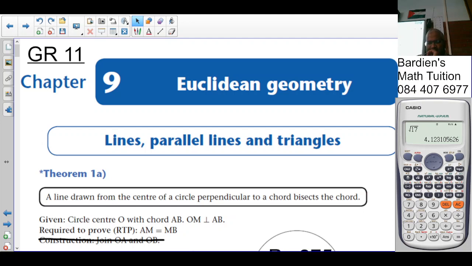Exercise 9.6. You had to do the even numbers. But I realized that I gave you the whole exercise to do the day before, isn't it? So it was the even numbers you must tackle now from 9.6. Any issues here?